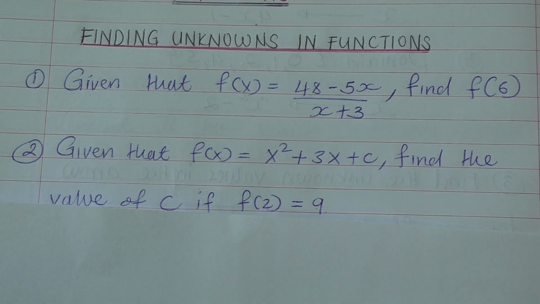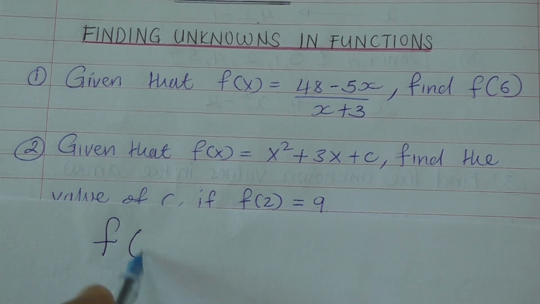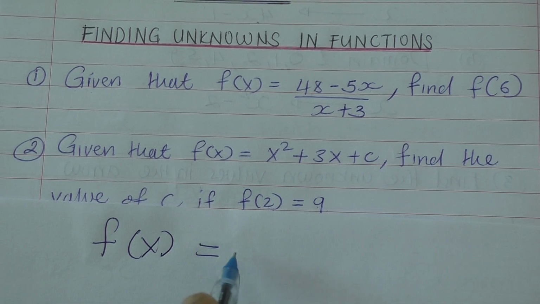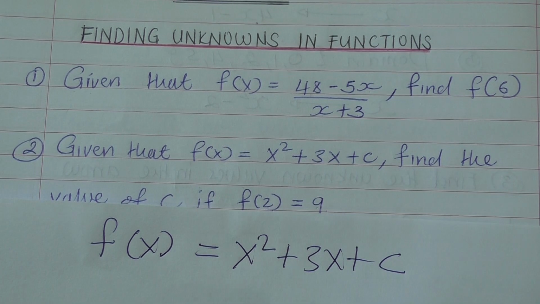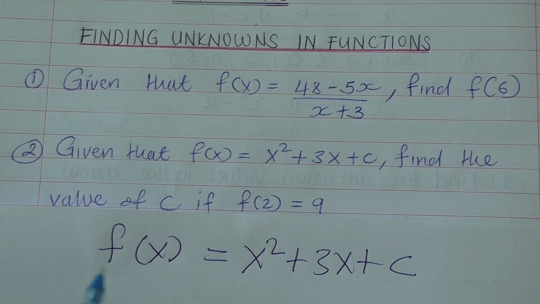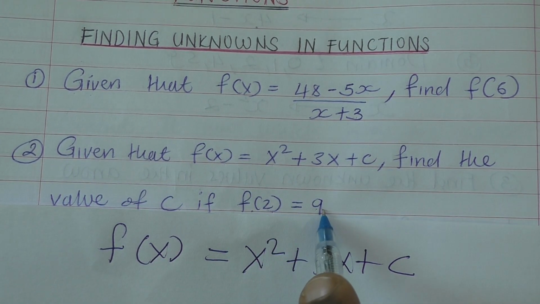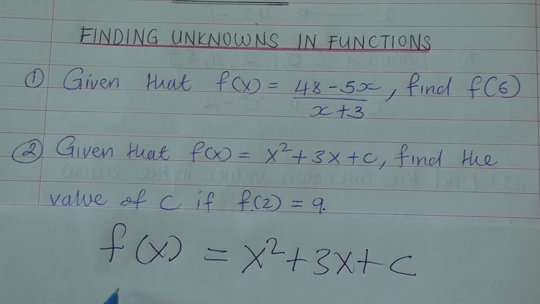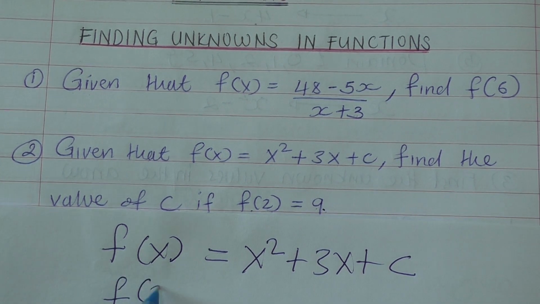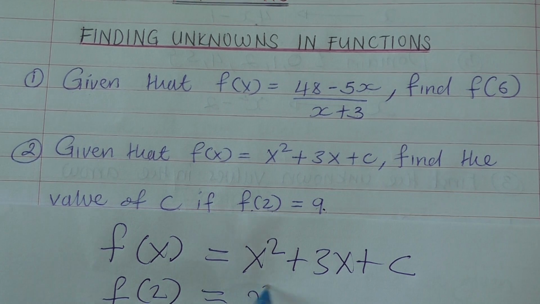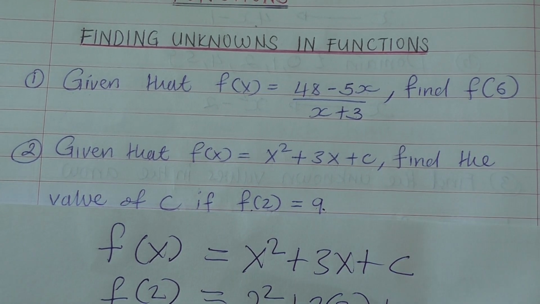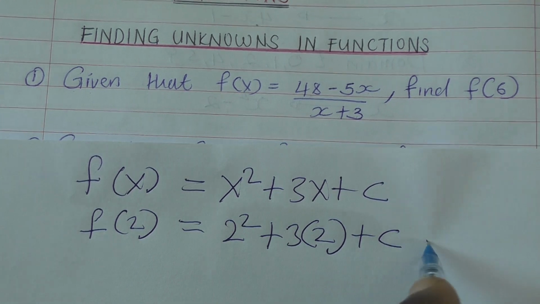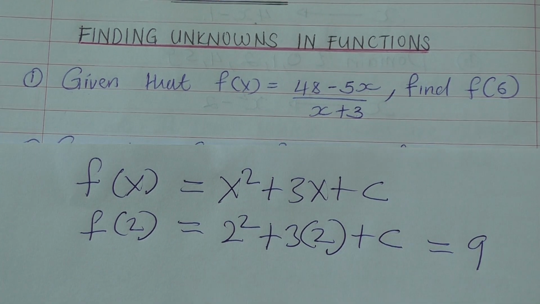We have f(x) equaling x squared plus 3x plus c. Since f(2) equals 9, that means f(2) equals 2 squared plus 3 into 2 plus c, which equals 9.